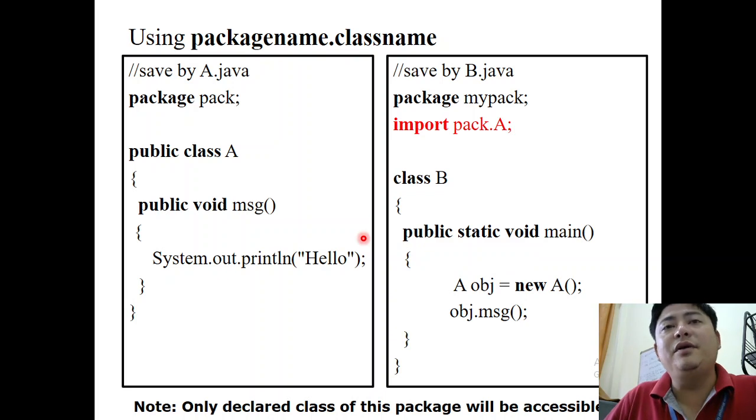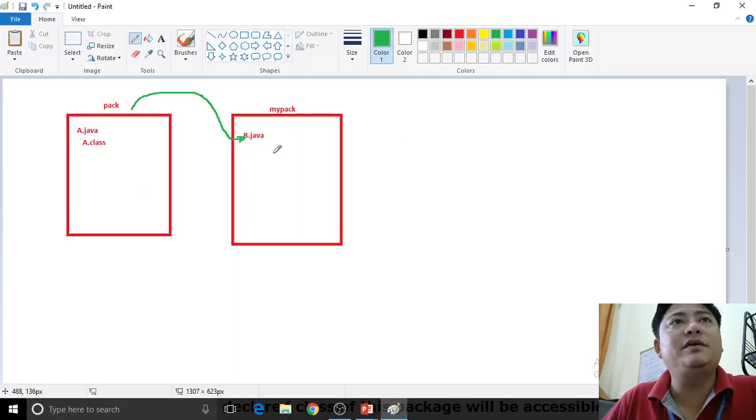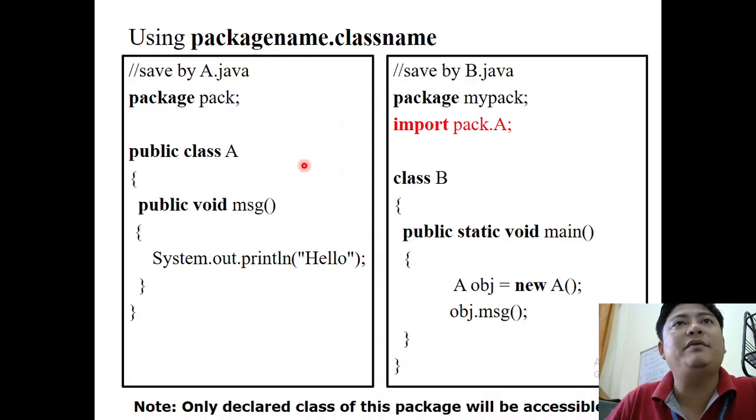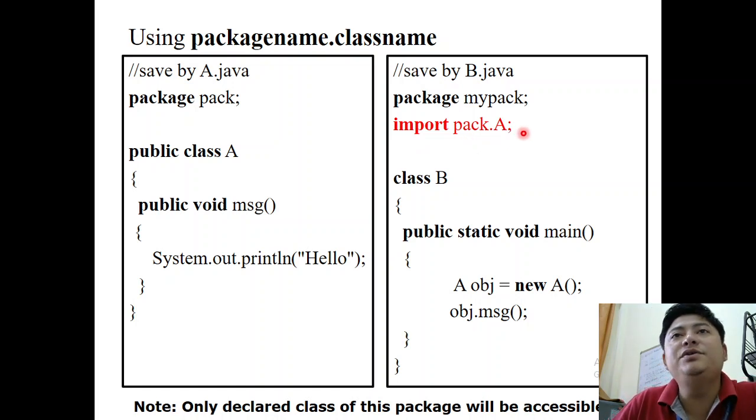Now you have b.java somewhere here in another package, mypack, and while implementing b.java you have used import pack.a. So you have directly specified in the import command itself that I am going to use the class a of pack. The remaining code is as it is, which you have already seen.